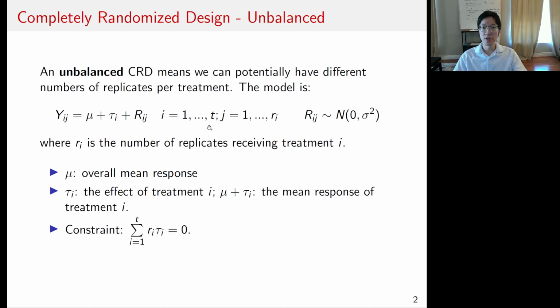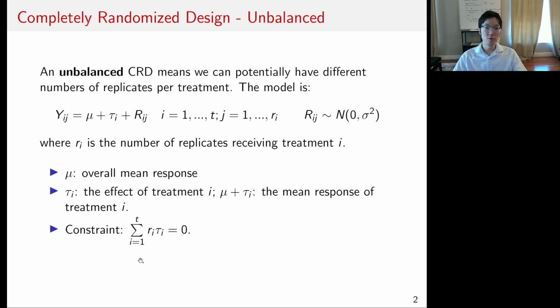So how does that change the analysis? To a large extent it's very similar, and there are just a few differences compared to the CRD, which I will point out. The first difference is in the constraints. If we want the overall average of all the units, the expectation of y bar dot dot, to equal mu, then the constraint required on tau is this one: summation of tau i, multiplied by the number of replicates r sub i.